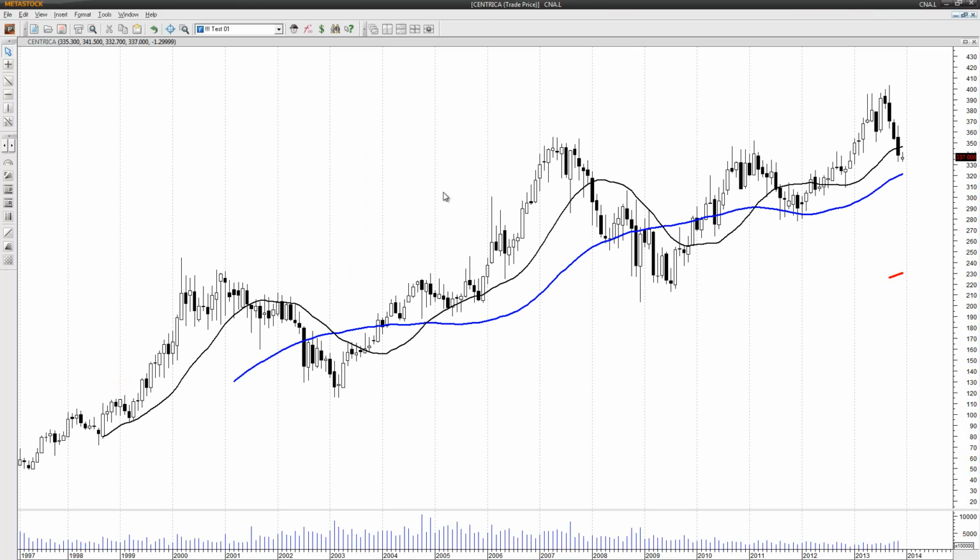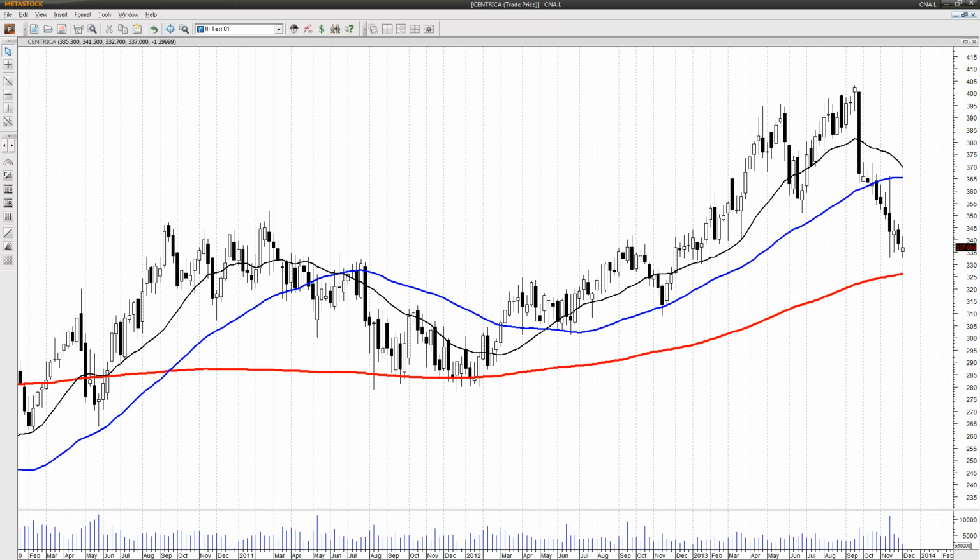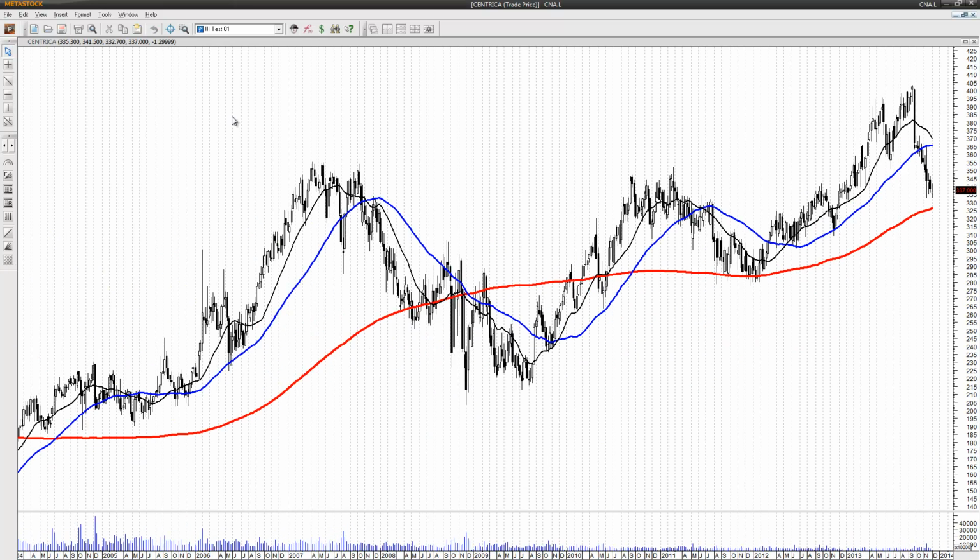Centrica, CNA, from the London Stock Exchange. Here you can see I just changed to weekly, and you can see what I'm looking at. I'm looking at this trend line connecting this trough to that trough, and that trend line has an exact value, if you calculate on the penny from the lowest point of the trough, of 329.50.